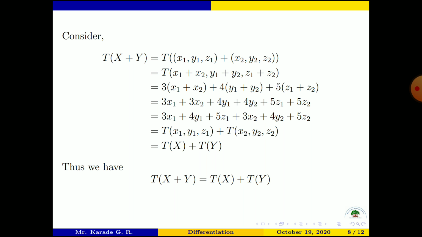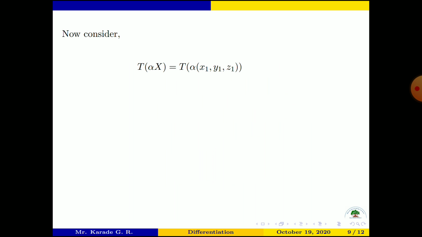Now we will prove the second condition of linear transformation for this function. For that, consider T operating on the vector alpha times x. Alpha is a scalar and x is a vector, x equal to (x1, y1, z1). So see what we get.